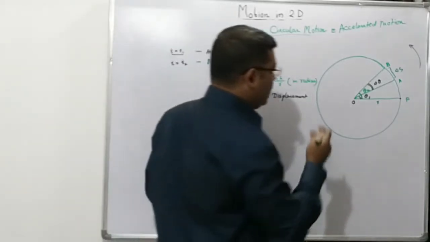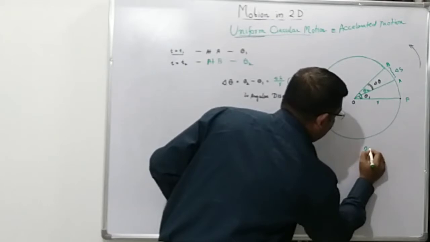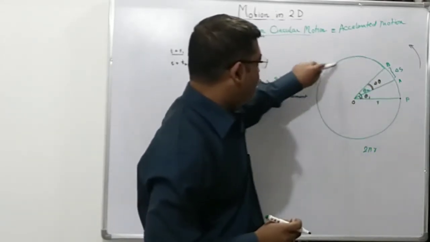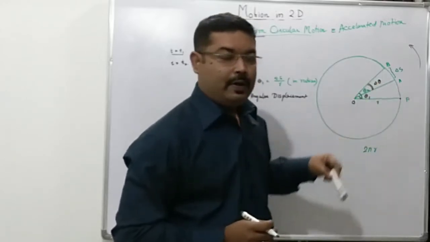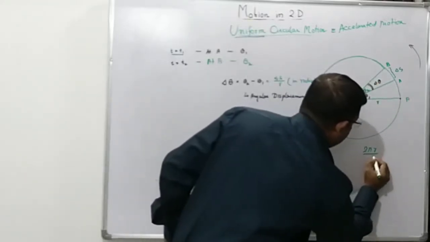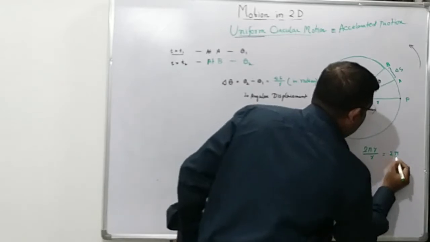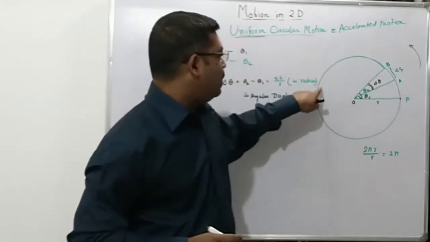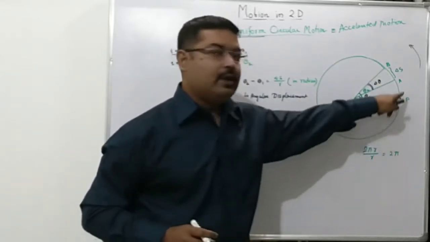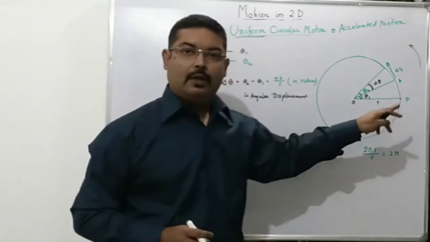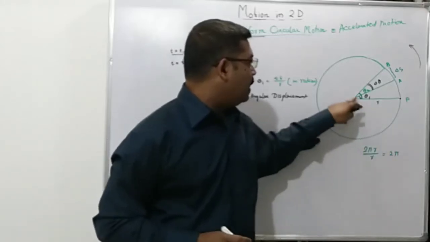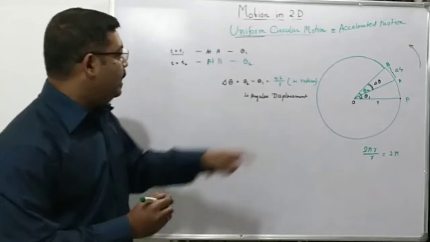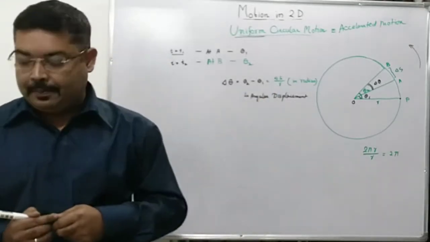Because we know that 2 pi r is the circumference. If I divide it by the radius, we get 2 pi, which is the angle subtended when an object starts from its point and returns to its original position. After completing one complete revolution, the angle subtended at the origin will be 2 pi or 360 degree, right? So in radian, this will be the angle.